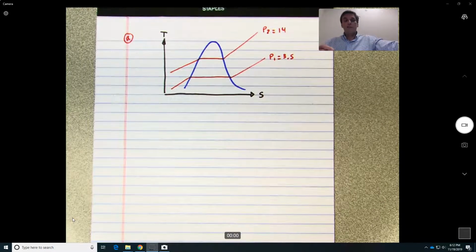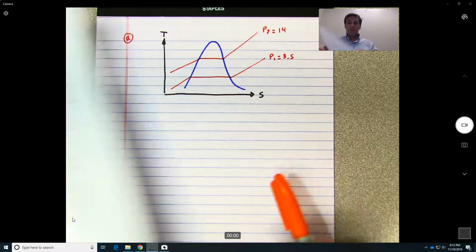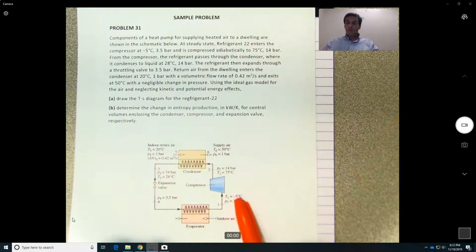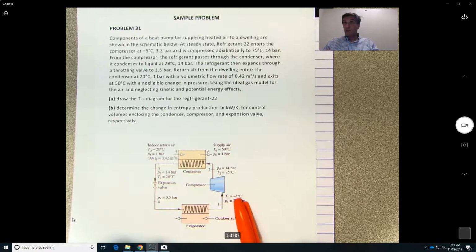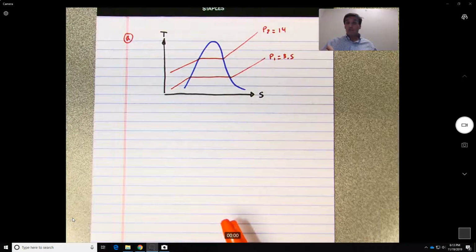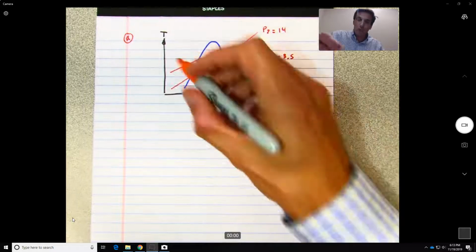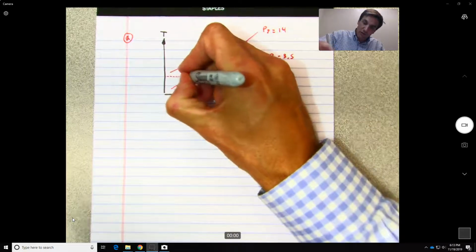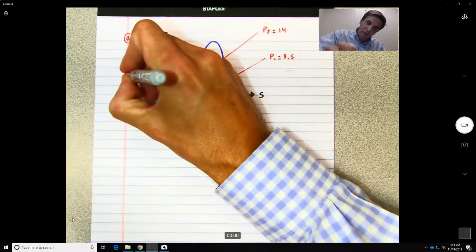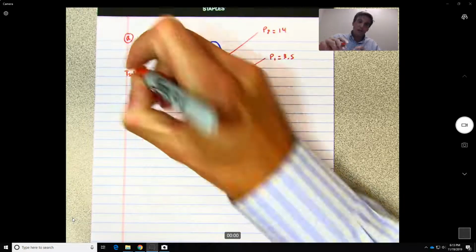So in order to know the state at T1, we know the temperature, which is minus 5 degrees Celsius. So in order to know the state, we need to find what is the saturation temperature over here. Let's say T saturation over here.